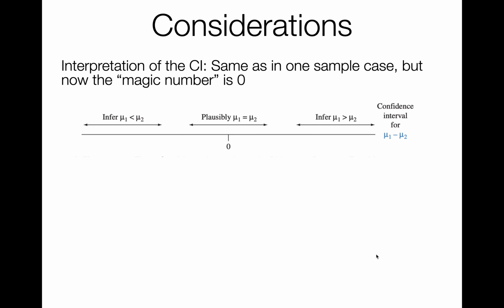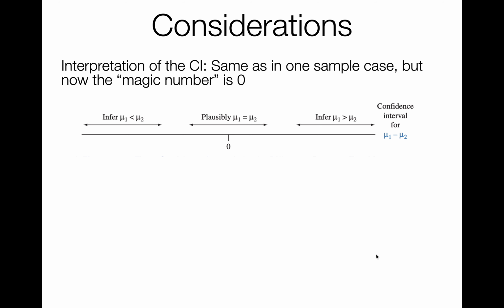So the magic number that you're looking for, the center of your consideration, is 0. Before, if we were looking at a hypothesis test, you can actually make inferential decisions about a hypothesis based on a confidence interval, and the center of your view should have been the null hypothesis. Well, now it's 0.